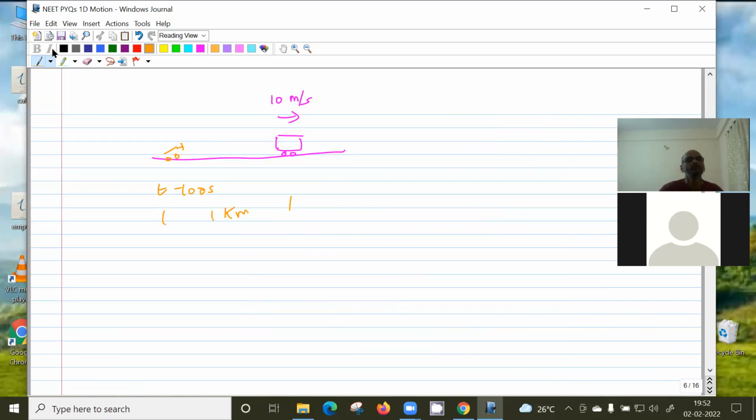Distance, if they start from the same point. Let me call this thing A and the bus B. So what is the relation between AC and SB? SB minus 1 kilometer should be AC. Is that correct, when they are meeting?